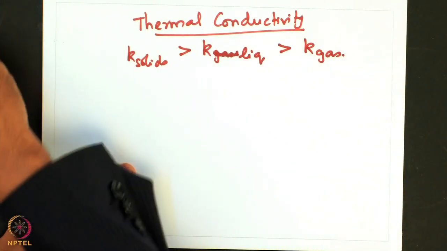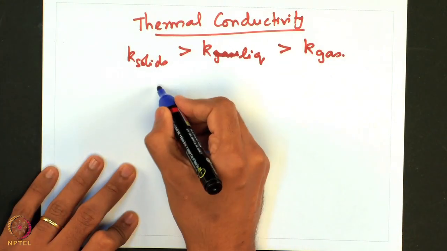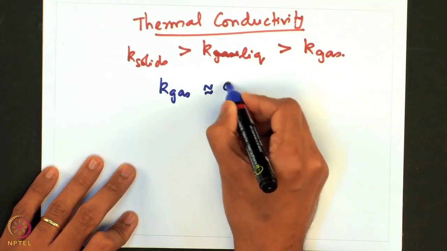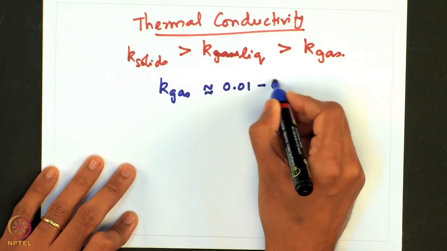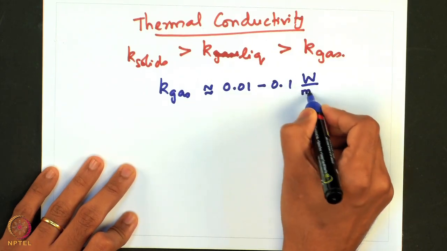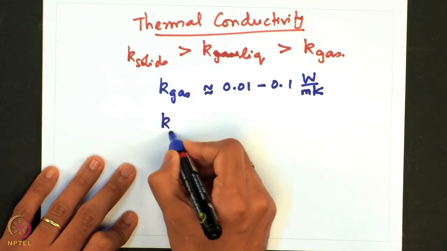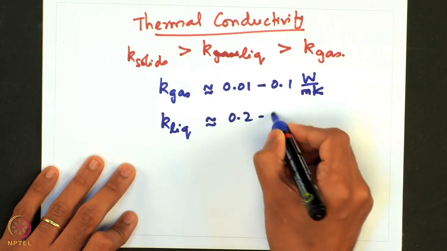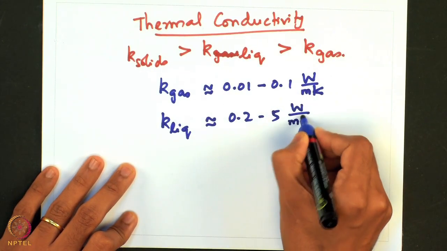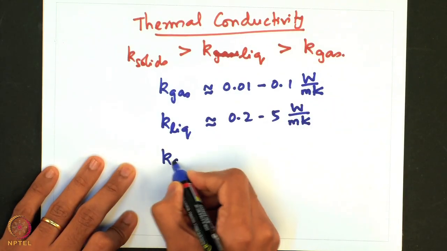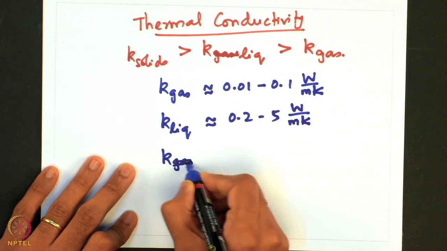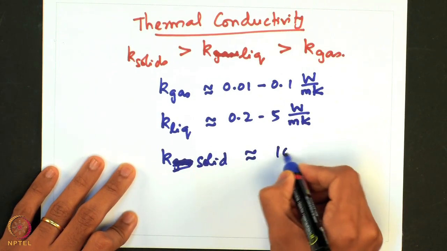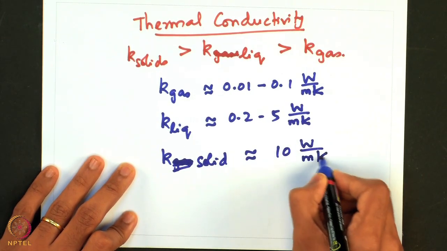To give you a sense of numbers, the thermal conductivity of gas systems is typically in the order of 0.01 to 0.1 watt per meter Kelvin, that of liquids is typically in the range of 0.2 to 5 watt per meter Kelvin, and that of solid systems is typically 10 watt per meter Kelvin and above.